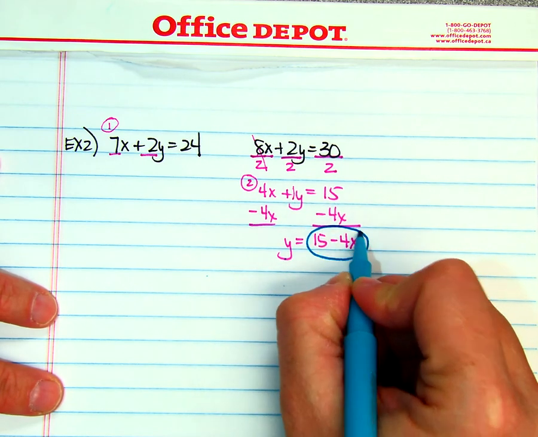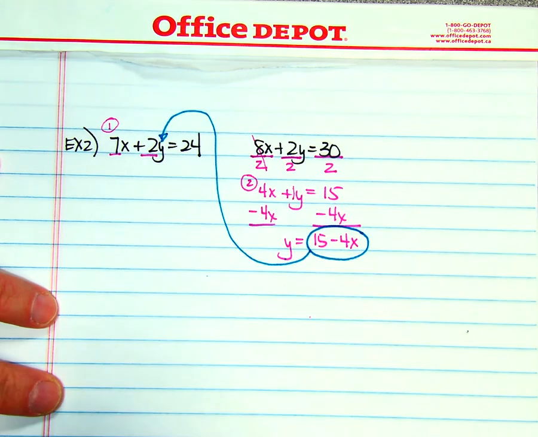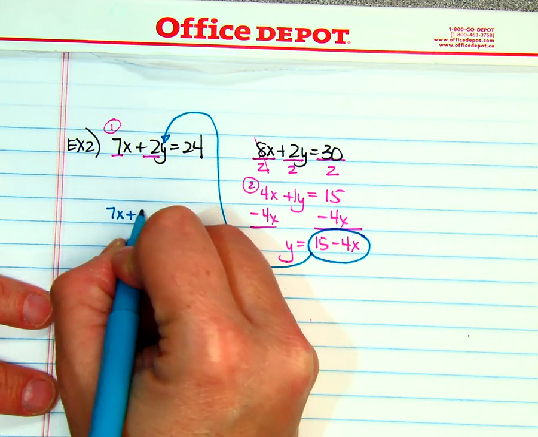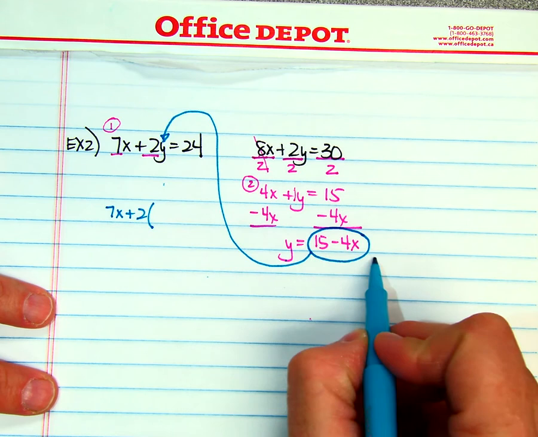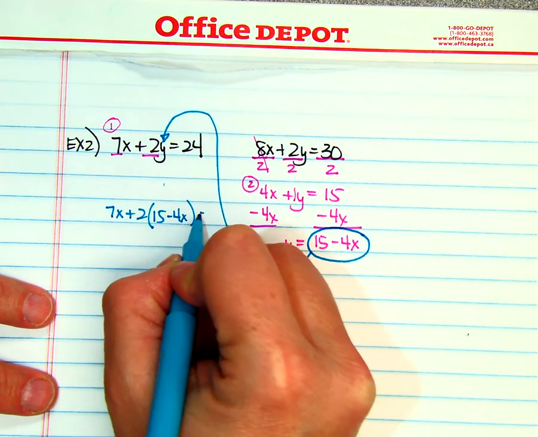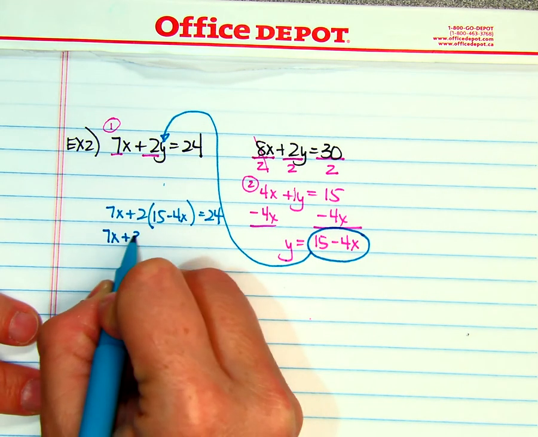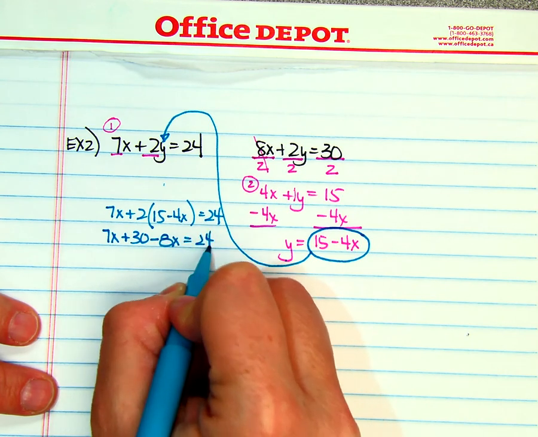Here's the key part, is that piece has to go into the other equation. So I have 7x plus 2 times my y, and my y is all of that. So I have 7x plus 30 minus 8x equals 24.